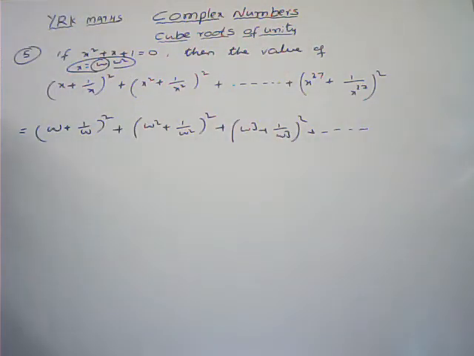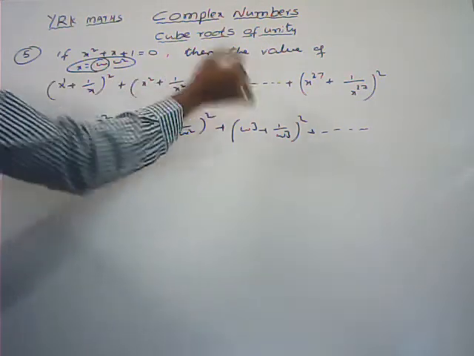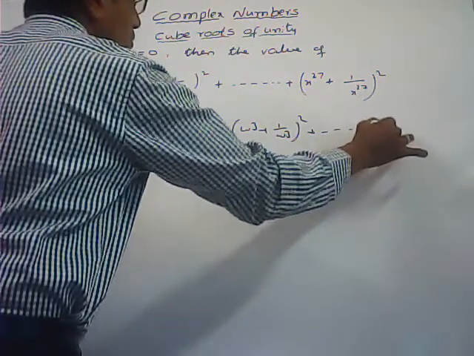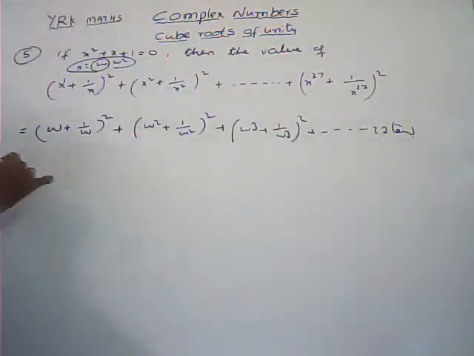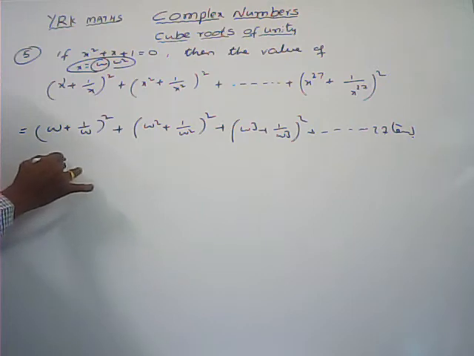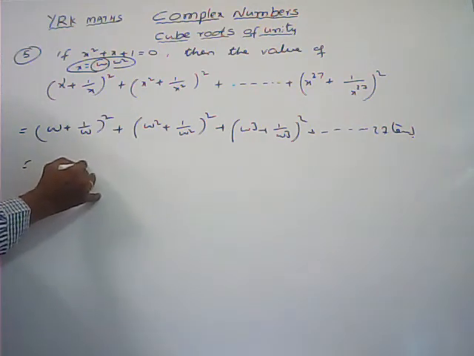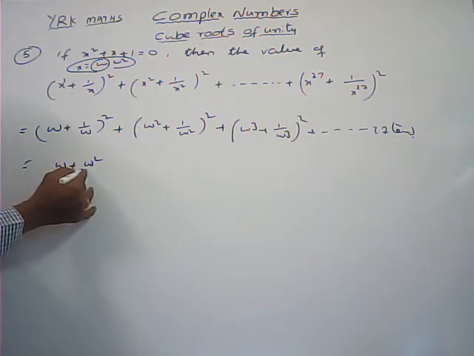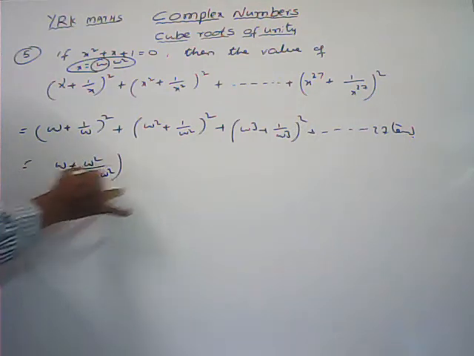Total how many terms are there? 27 terms are there, x power 1 to x power 27. That is equal to omega plus, multiplying and dividing with omega square, omega square upon omega square into omega, that is omega cube. Omega into omega square.